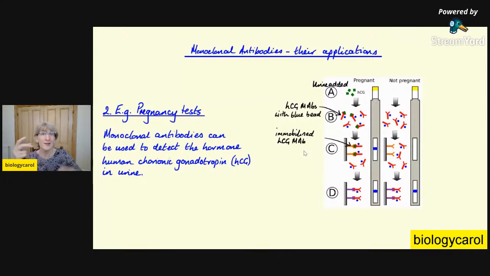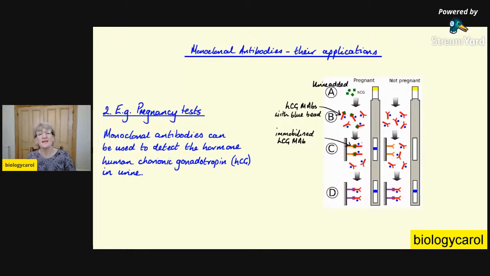For you, mate, the human chorionic gonadotropin has two epitopes. Hope that helps. For the rest of you, don't worry about it. The human chorionic gonadotropin simply has two binding sites which will be complementary to two antibodies. These two antibodies here, one of which has the blue bead attached, the other one doesn't.